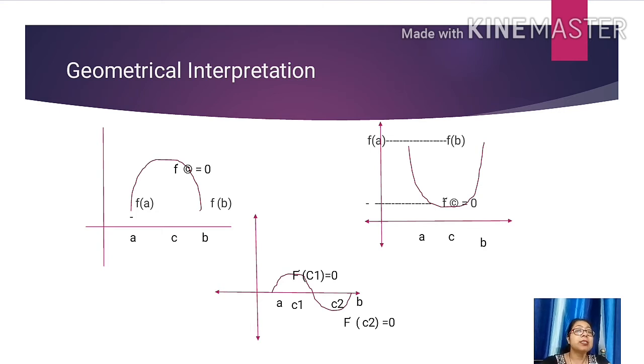And at the point C2 also, the slope of the tangent f dash c2 is equal to the slope of the x-axis, that means 0. Also f(a) and f(b) are both 0, so Rolle's theorem is verified. So we get f dash c is equal to 0. This is the geometrical interpretation.